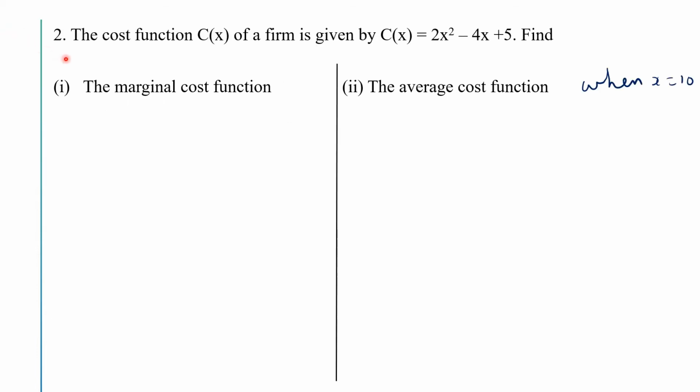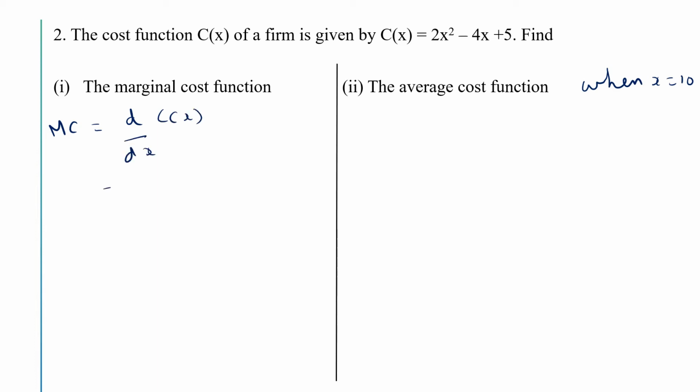So the next question: the cost function C of x of a firm is given by C of x is equal to 2x square minus 4x plus 5. Find the marginal cost function and the average cost function when x is equal to 10. So the marginal cost function is nothing but the derivative of the cost function.